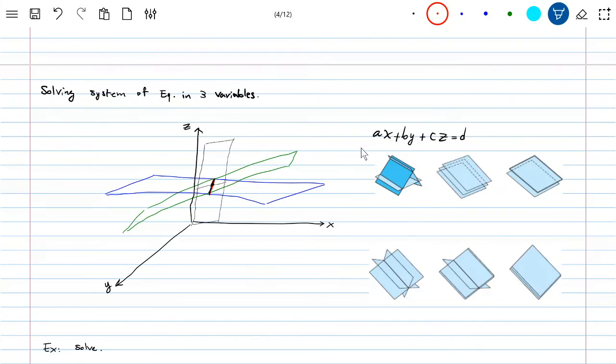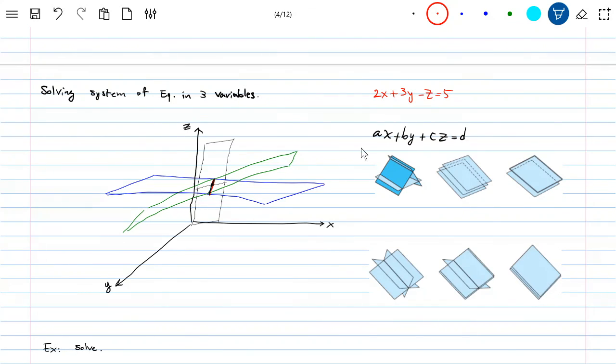Before I get into an example, I want to give you an idea of what it means. 3 variables would be x, y, and z. So you'd have an equation something like 2x plus 3y minus z equals 5. If you ignore the z, it's very similar to the linear equation in 2 variables. But with the z now, it has 3 variables.